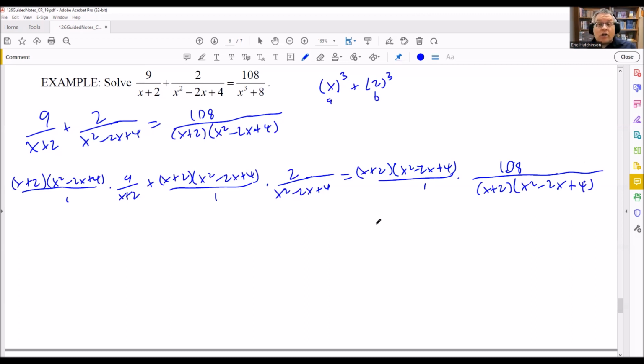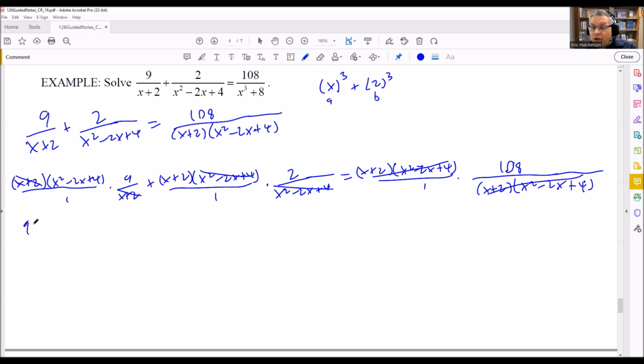Okay, so now we have it all written out. So now we're ready to start canceling. I have x plus 2 here that cancels x plus 2 there. I have these quadratic terms, those cancel out. Now over here on the right-hand side, actually all this that I have is going to cancel.